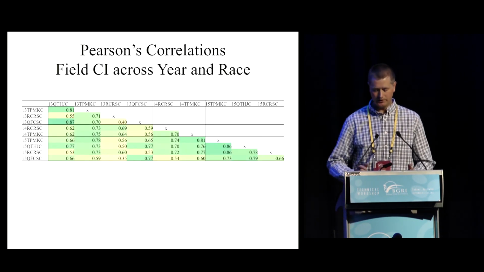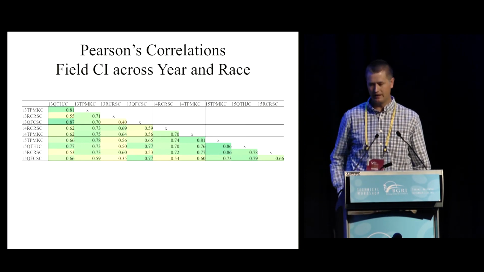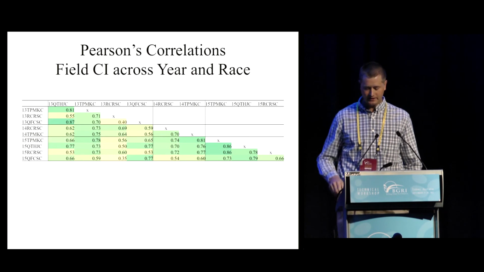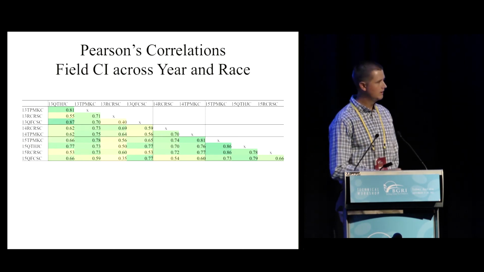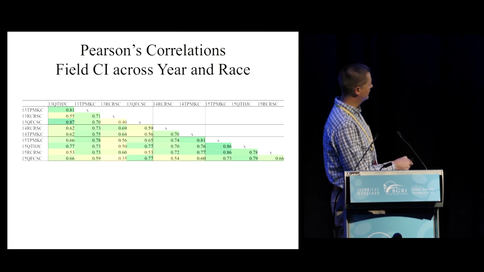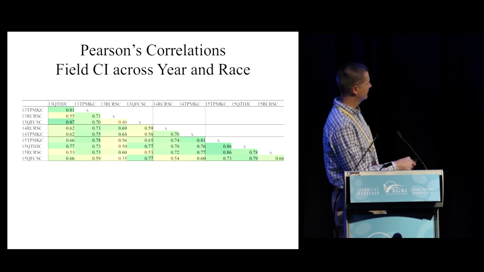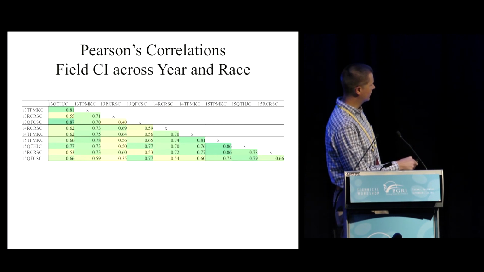So to really look at what's going on with those data that we observed in that format, I'm going to display in this table the Pearson's correlations of coefficient of infection. And so the dark green corresponds to higher correlations, and then in this format it looks kind of like an orange or brown is the lower correlations.